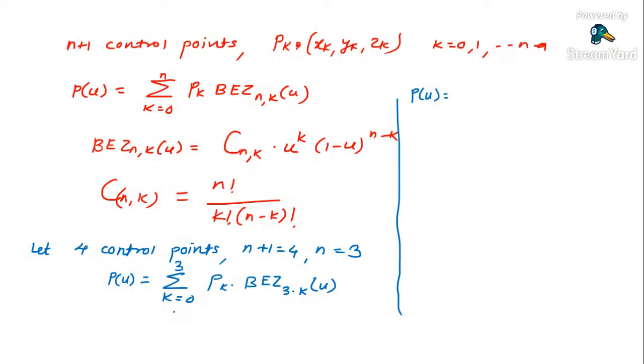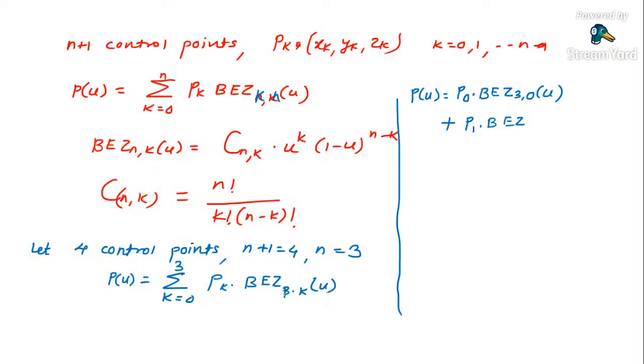Put k equal to 0, so that it is P0 into Bezier of 3 comma 0 of u plus the next value. What will be the next value? K value is 1, so it is equal to P1 Bezier of, it is actually Bezier of k comma n.